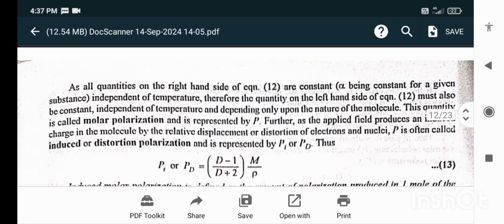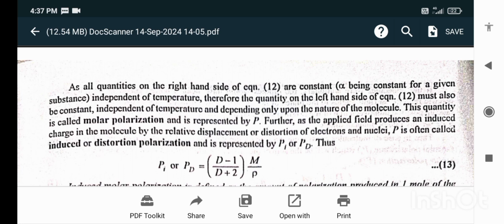As all the quantities on the right hand side of equation 12 are constant, alpha being constant for a given substance and independent of temperature, therefore the quantity on the left hand side of equation 12 must also be constant, independent of the temperature and depending only upon the nature of the molecule.